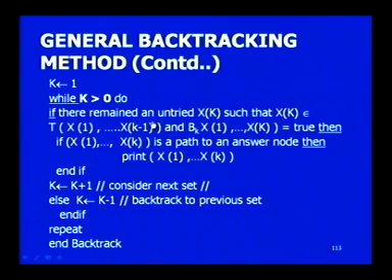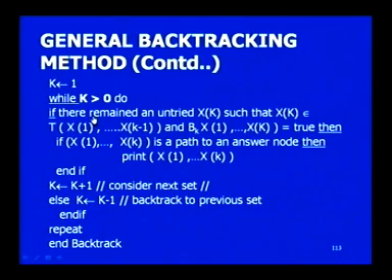If there remains any untried x of k such that x of k belongs to T(x1 to x k minus 1), and if the constraints are true and it leads to an answer node, then we are going to print that solution. Otherwise, we are going to backtrack and then think of the other possibilities.